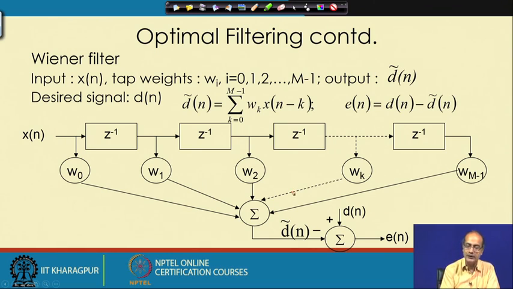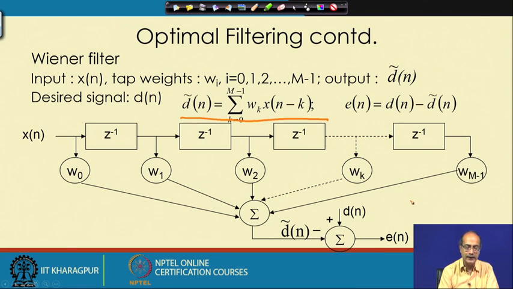We can write it in this form, as a set of equations. The first equation is nothing but a weighted average of the present and the past inputs, and error is the difference between the desired signal and the prediction for the desired signal, that is d tilde n.